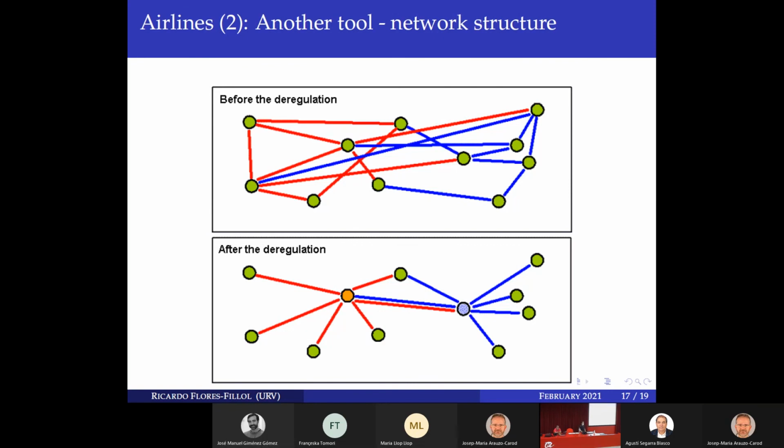So when you have networks organized around hubs, if you have a congestion problem in a hub, this spreads out over the network. Hubs are key players in this structure, because if you have congestion in a hub, then you have congestion in the whole network. So this makes networks very sensitive to congestion problems. This is another particularity you need to take into account when you think about congestion in airports.